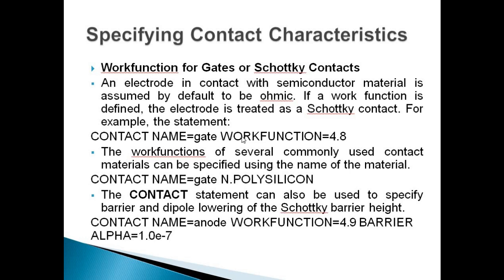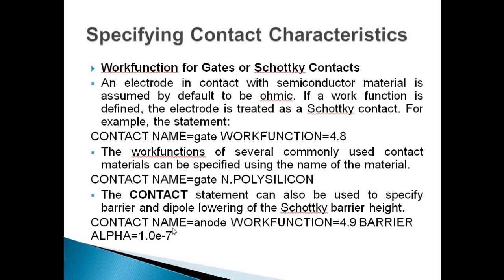The work function of several commonly used contact materials can be specified using the name of the material. This means we can also specify the work function by the name of the material. You can specify the work function as aluminum, polysilicon, tungsten, etc. in this way. You can see from this example in which we have mentioned the work function, the name of the material, n.polysilicon, is applied.